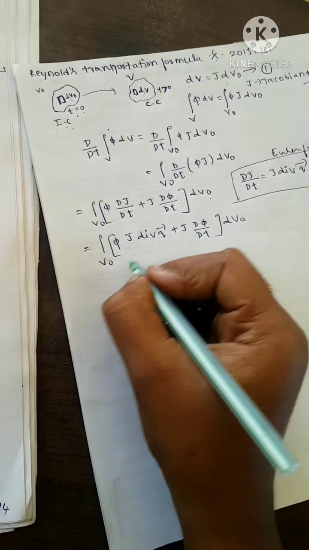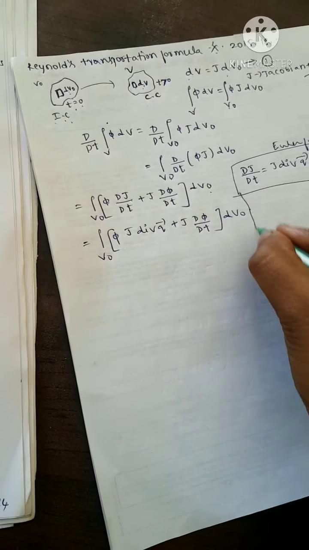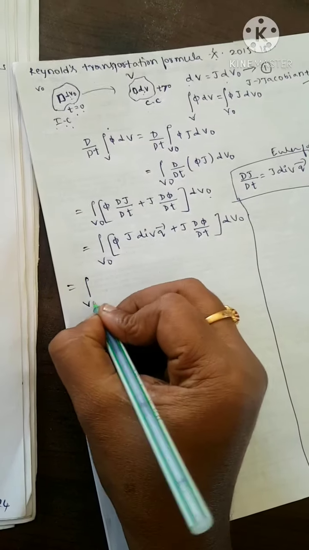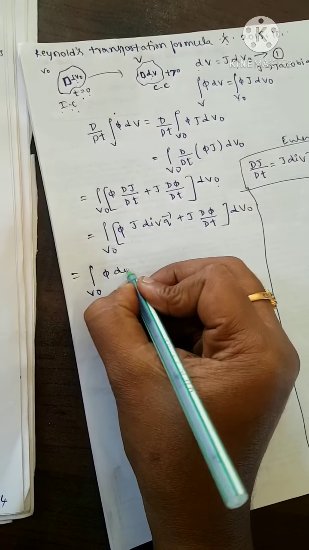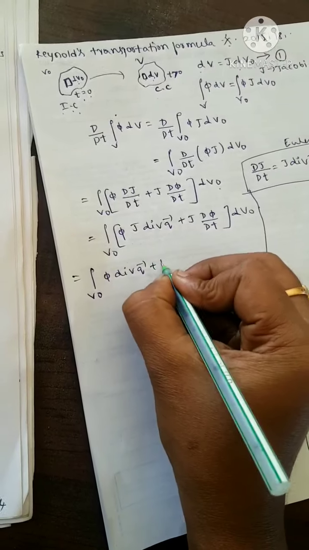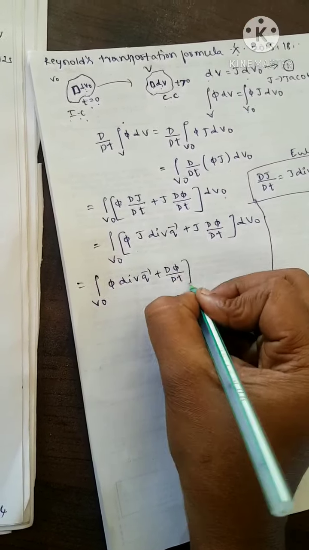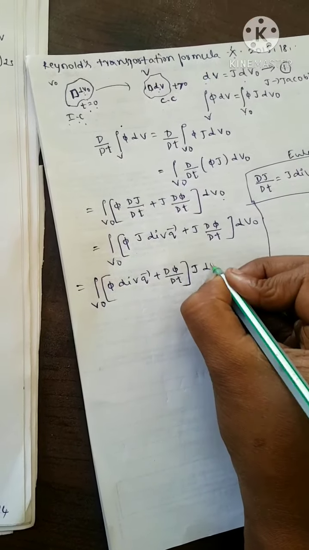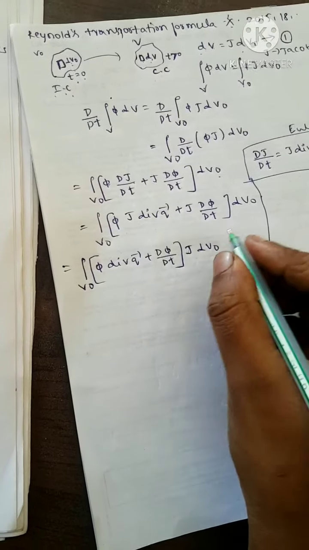Look at this, in both the terms J is common, so let me take J outside. You will get the integral over V0 of pi into divergence of q plus d pi by dt, into J dV0.